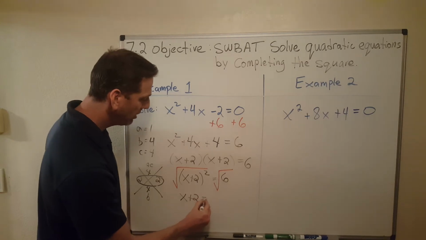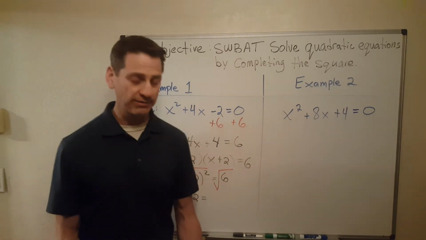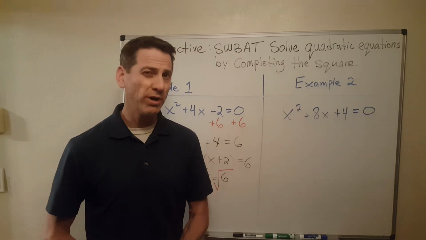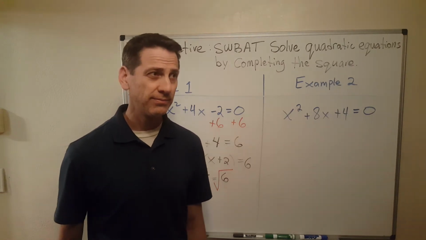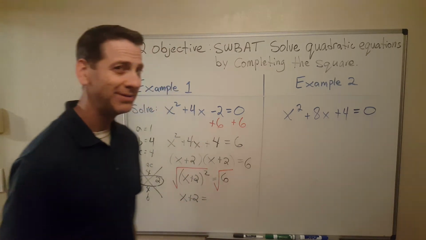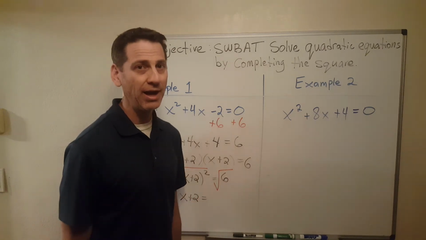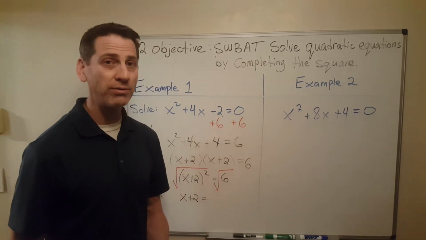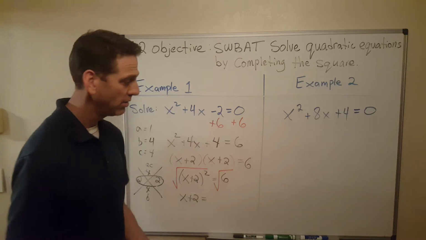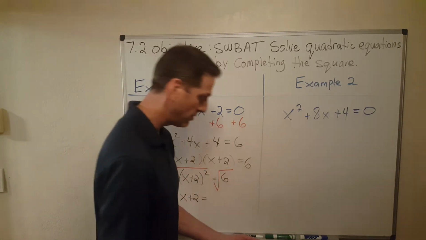And that's going to be set equal to, well, what's the square root of 6? What number squared is 6? I can't think of one either. Some irrational number. Decimals. So here's what I'm going to do. I'm going to leave it as square root of 6 because it's not a perfect square. If that was a 4, well then the answer would be plus or minus 2.